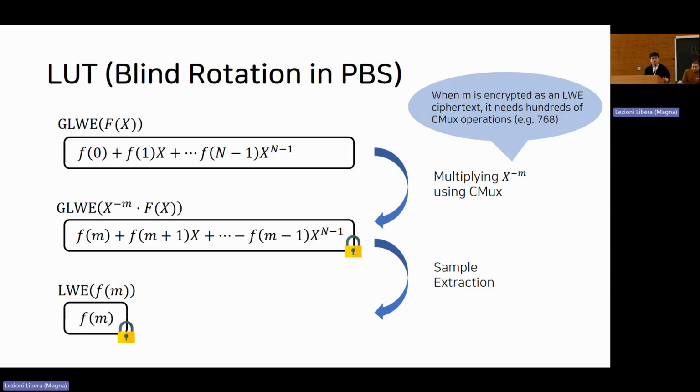If we have a GGSW ciphertext of each bit of the message m, then we can do it using a small number of CMUX operations. But if m is given as an LWE ciphertext, which is the case of the PBS operation, then we need hundreds of CMUX operations. This basically rotates the table inside the ciphertext, so it is called blind rotation. After the blind rotation, we can extract the coefficient component into an LWE ciphertext with almost no cost.